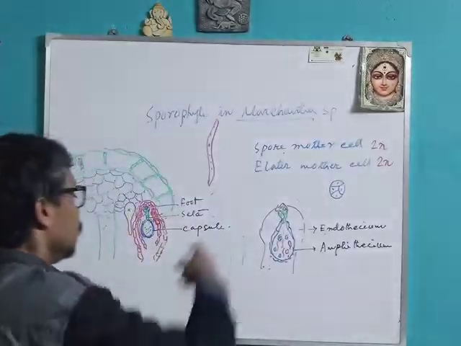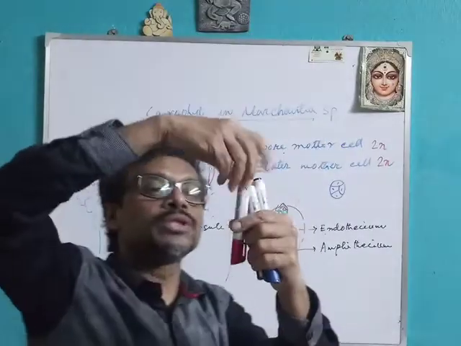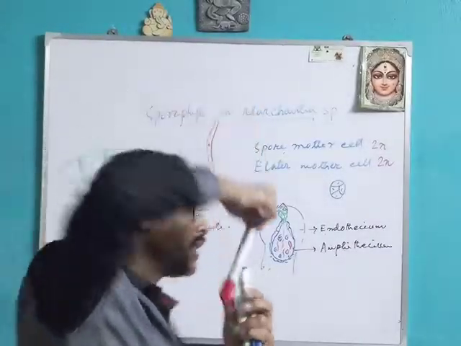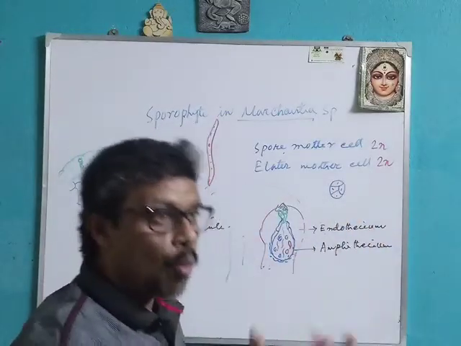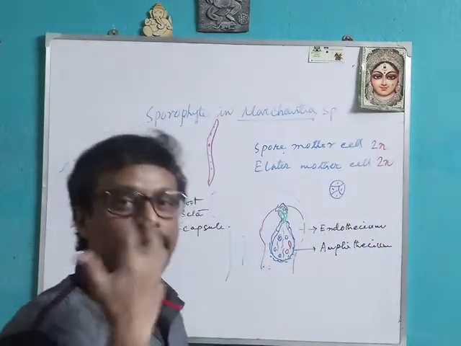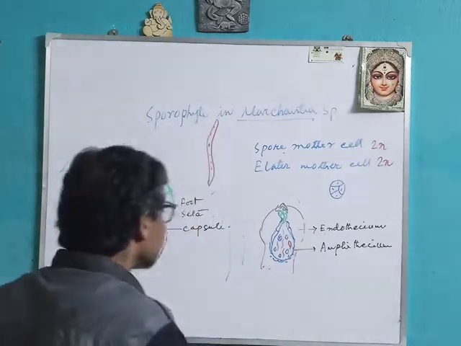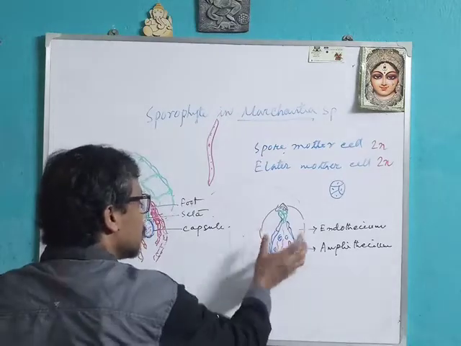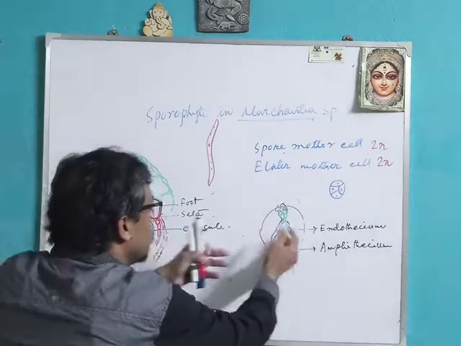These elaters move this way. While they move and turn about this way, the total mass, including the spores, is also moving inside the sporangium. Now, as and when the capsule, that is the sporangium, matures and bursts, they will disperse.